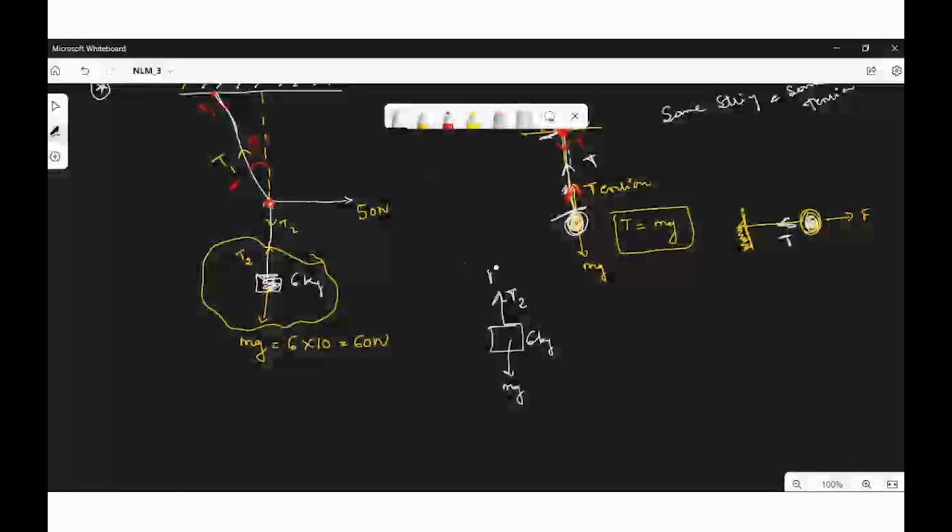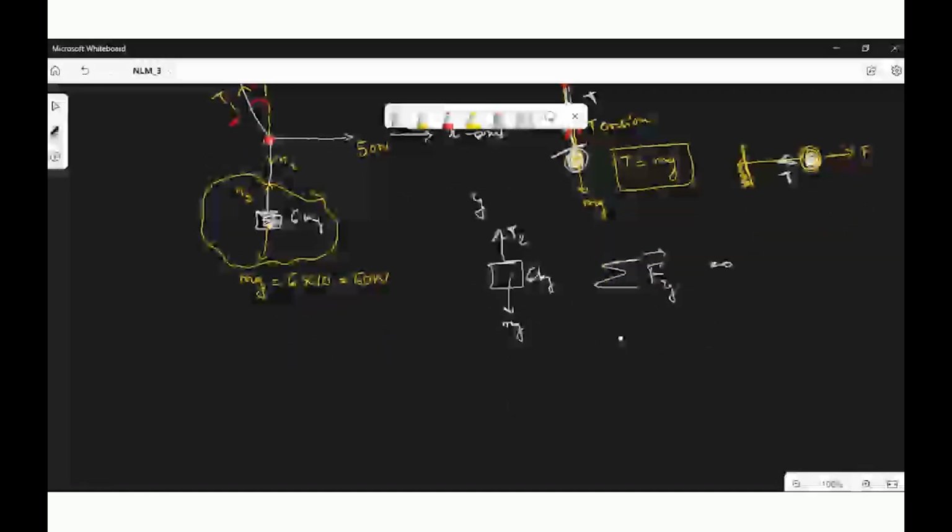Now, can I call this direction the y-axis and this horizontal direction the x-axis? We are taking the vector sum of Fy equal to 0, which means we assume the upward direction as positive and the downward direction as negative. I already told you this with the vector notation. So I can say T2 positive minus mg should be 0.